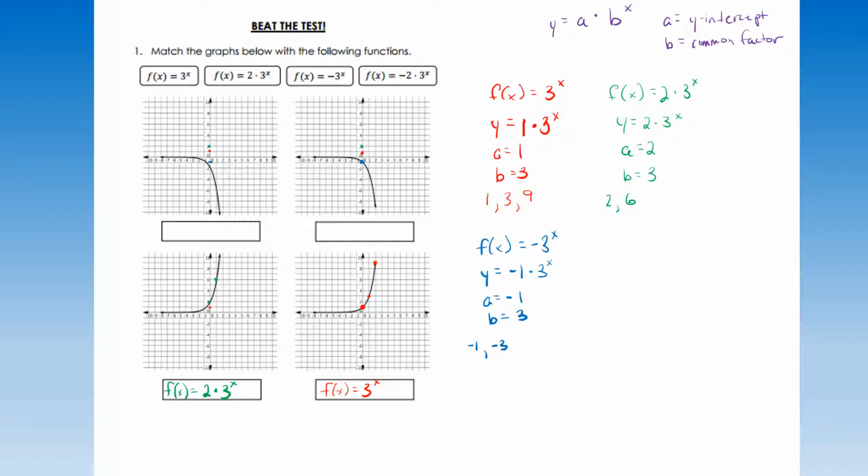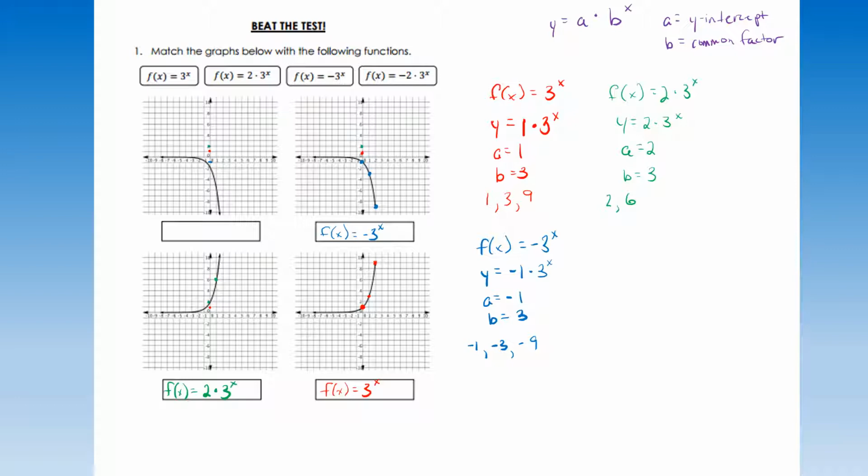So if I move over one more for x, I should be here at -3, which I am. And if I multiply by 3 again, that would be -9, which is the next one here. So this graph does match f of x equals -3 to the x power.